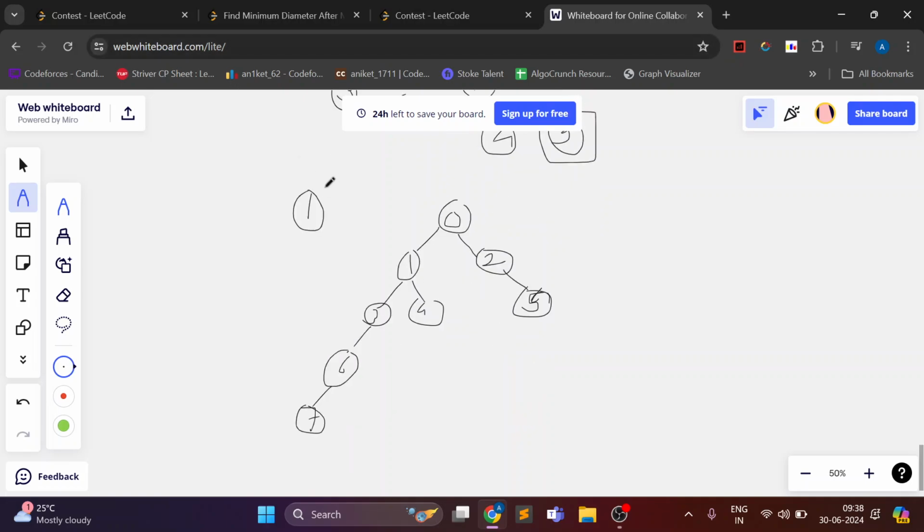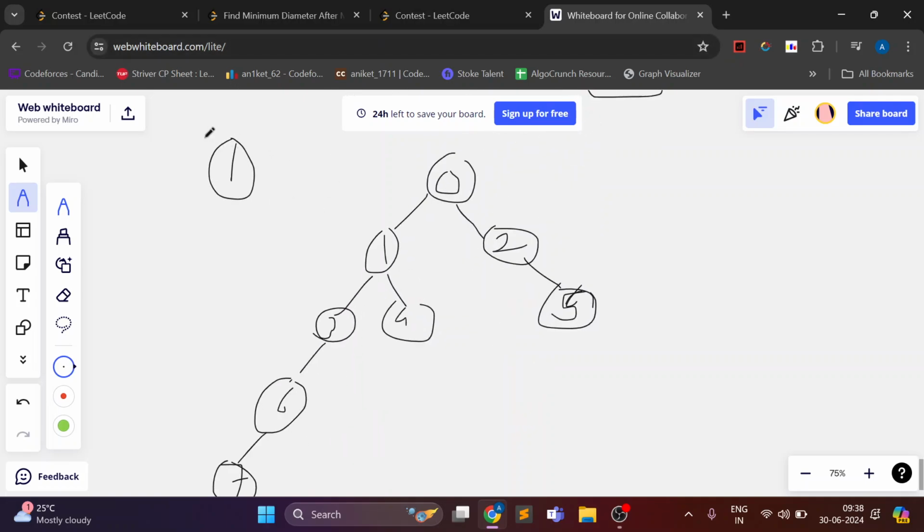So this is the tree: 0 1 2 3 4 5 6 7. Now you can easily understand that the diameter would be from 7 to 5, from the left node 7 to 5. Now how can we calculate it?